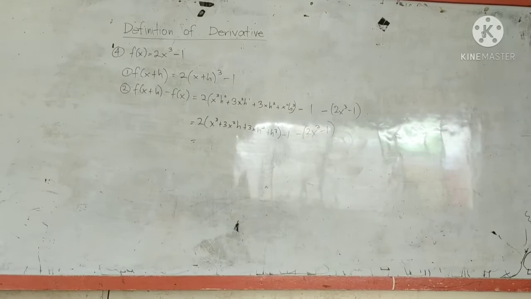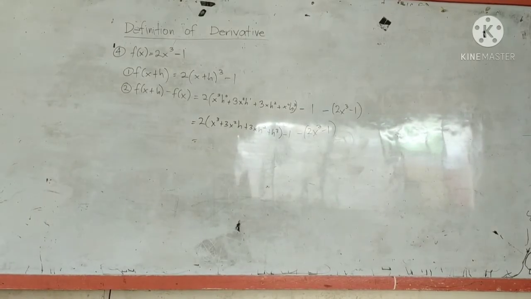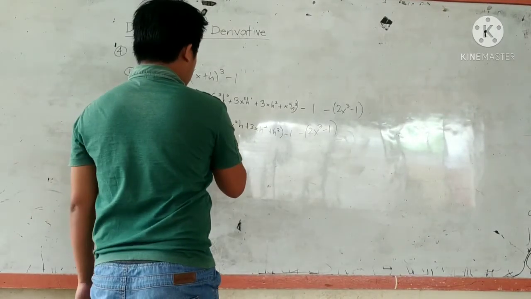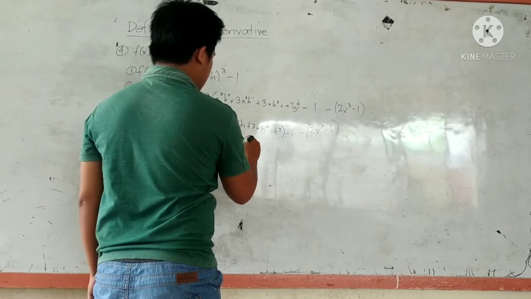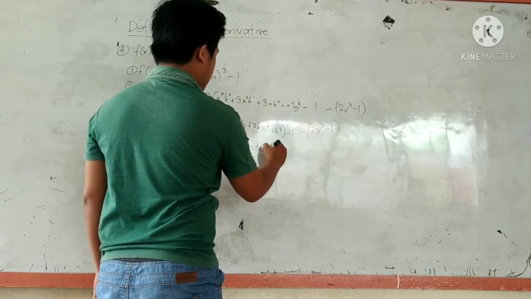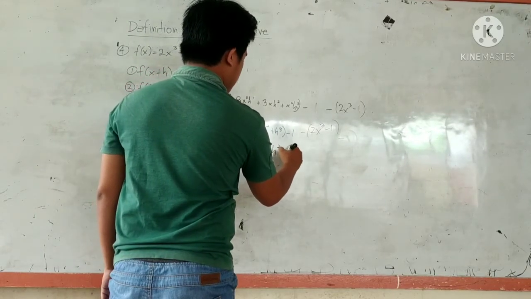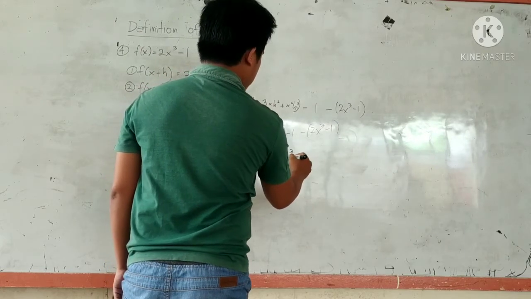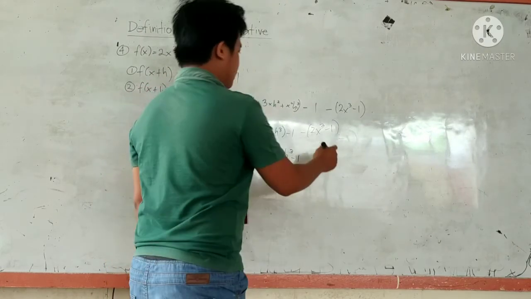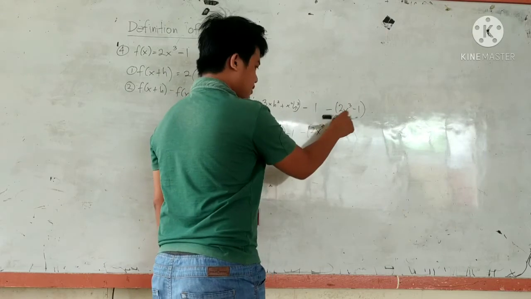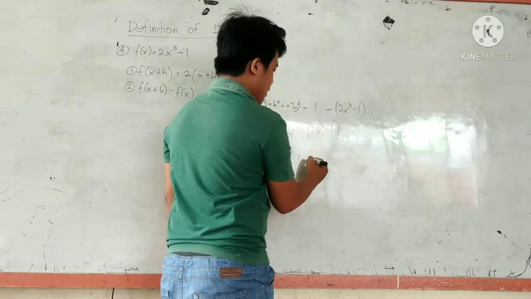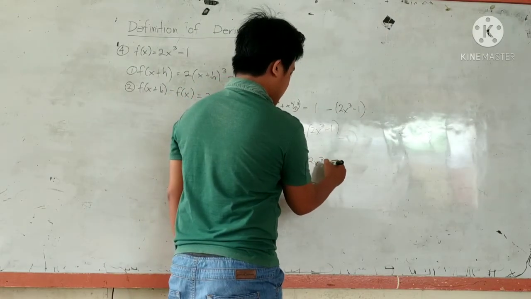Okay. So we will have 2x cubed plus 6x squared h plus 6x h squared plus 2h cubed minus 2. Okay, so we will distribute the negative sign, minus 2x cubed plus 1.